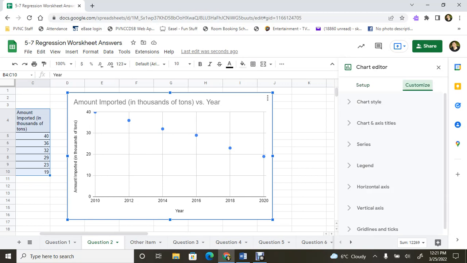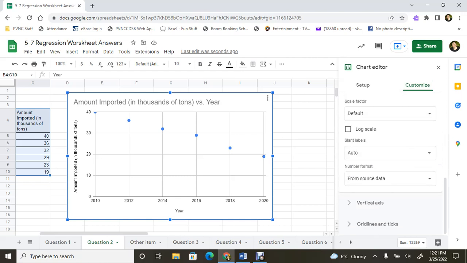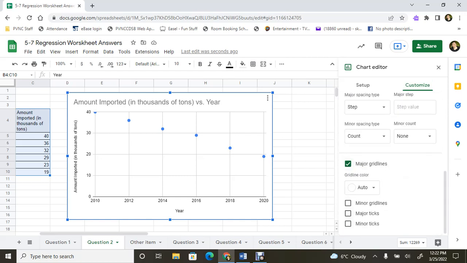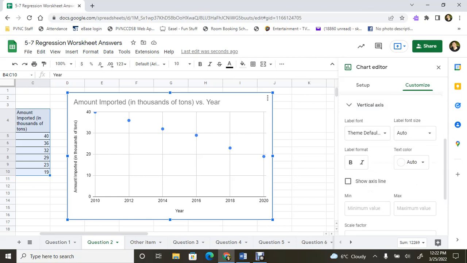So let's customize some stuff. Let's customize the horizontal axis. Let's just go right to the grid lines and ticks. So we're on to the vertical grid line. I think I want to go from 10 to 40. So I've got to first fix the vertical axis.